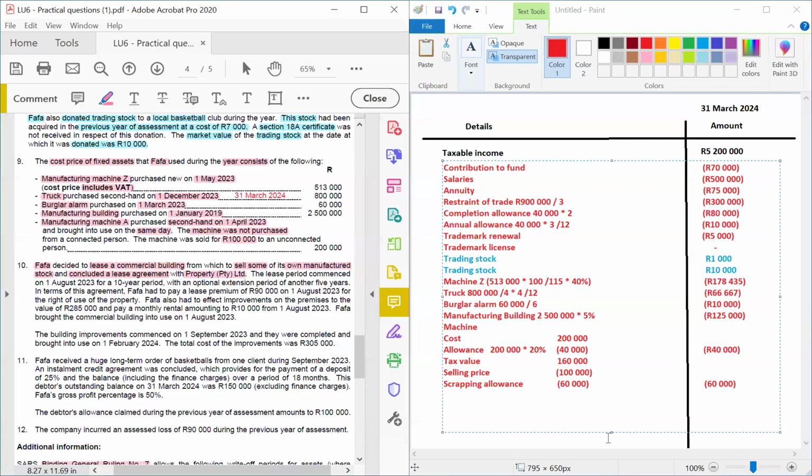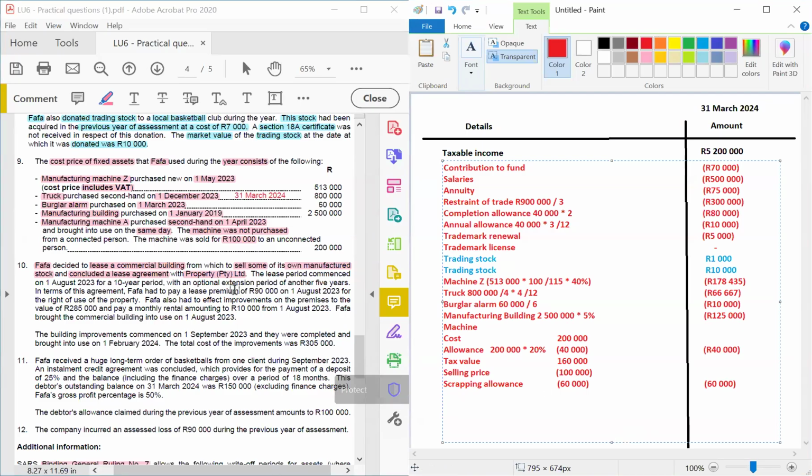I'm just saying if it does happen, but I'm not expecting it. The lease period commenced on the 1st of August 2023 for a 10-year period, with an option to extend for another 5 years.